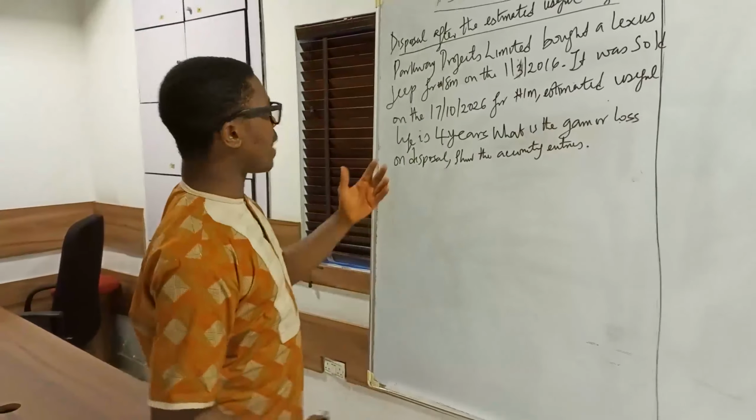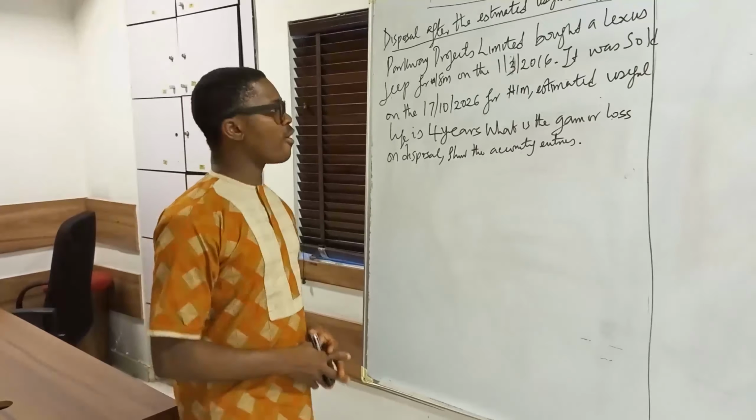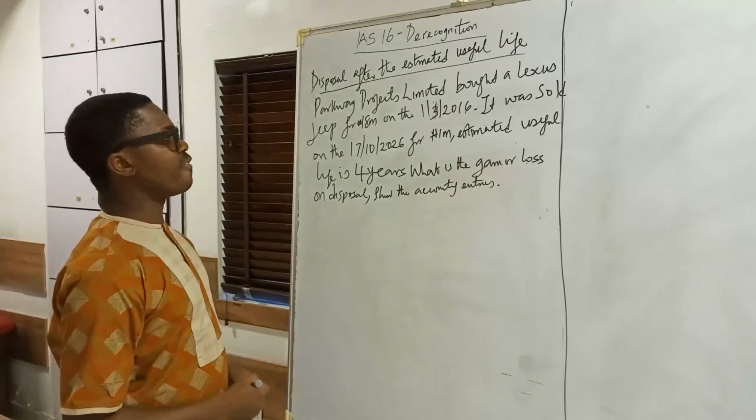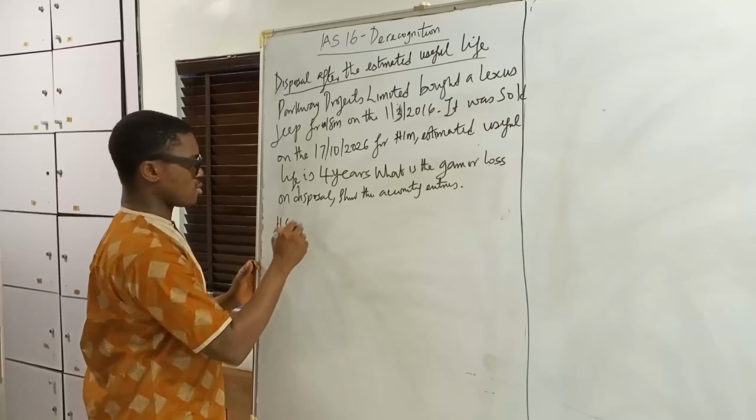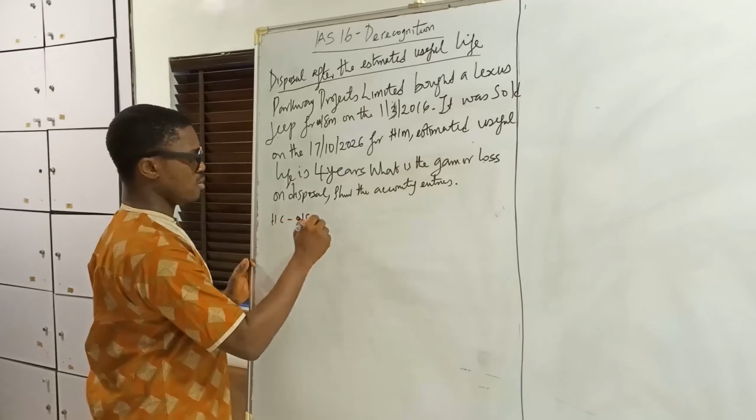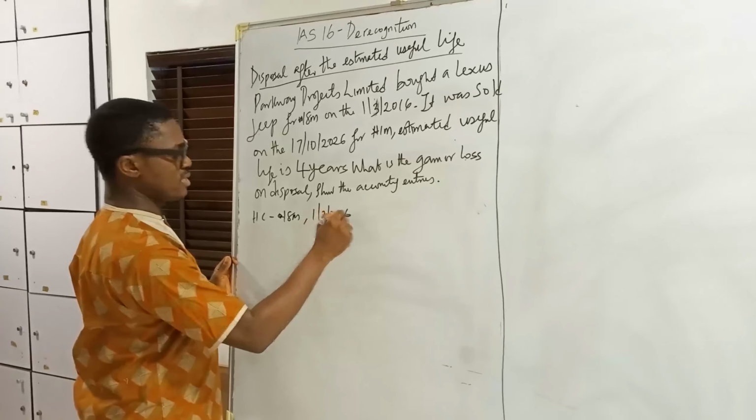Let's go into this example. Bank of Nigeria Limited bought a Lexus Jeep for 18 million on the 1st of March 2016. Historical cost 18 million, when? 1st of March 2016.